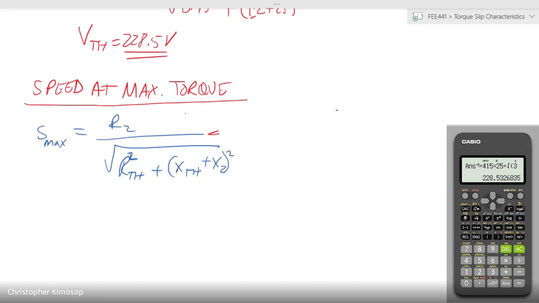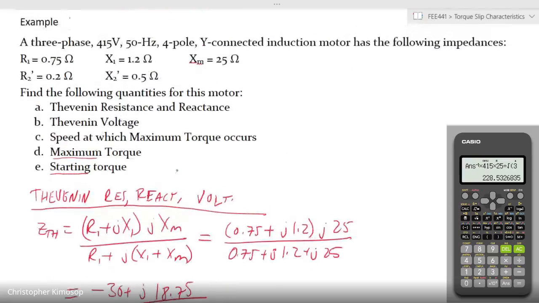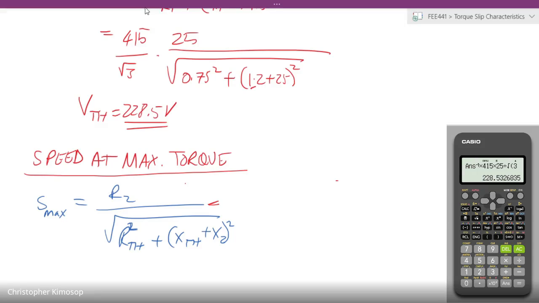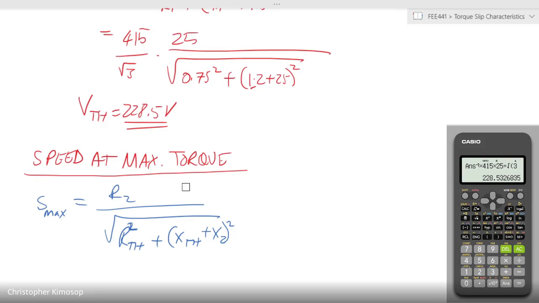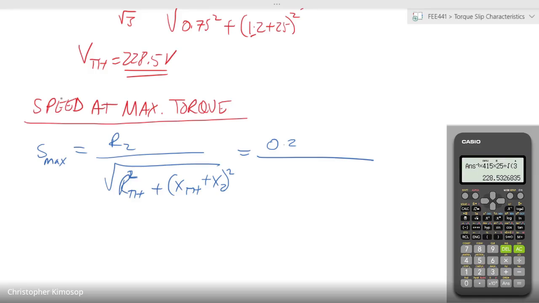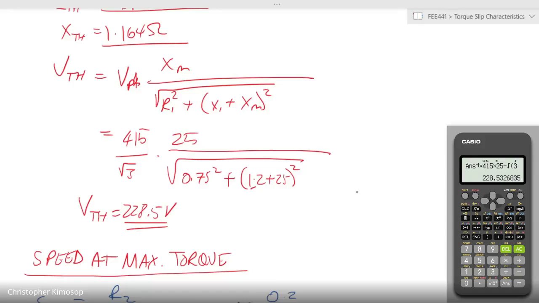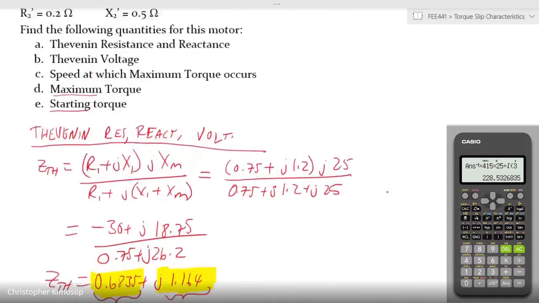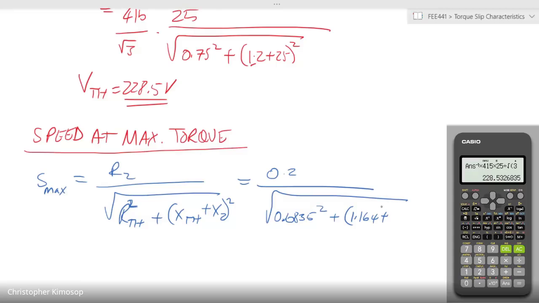R2 was 0.2, so it is 0.2 over the square root of 0.6835 squared plus (1.164 plus 0.5) all squared.